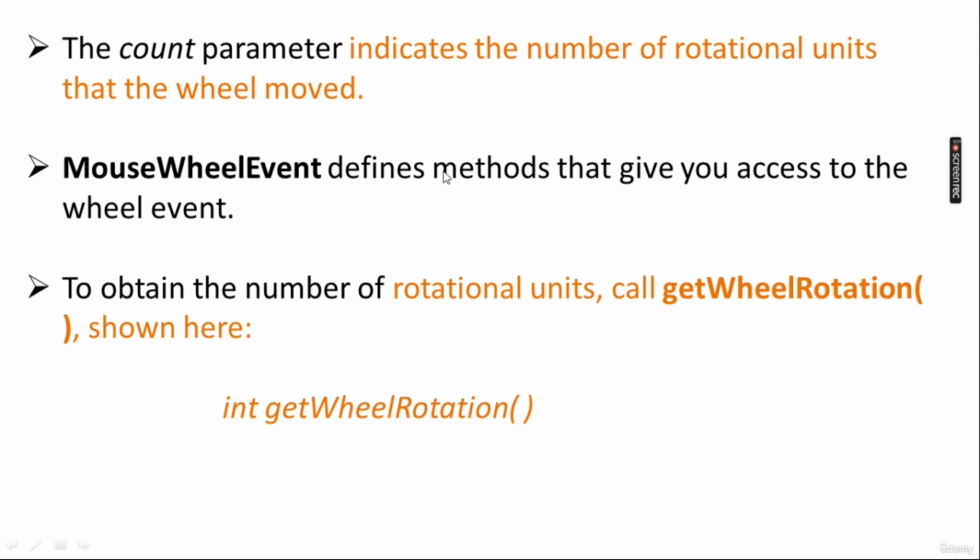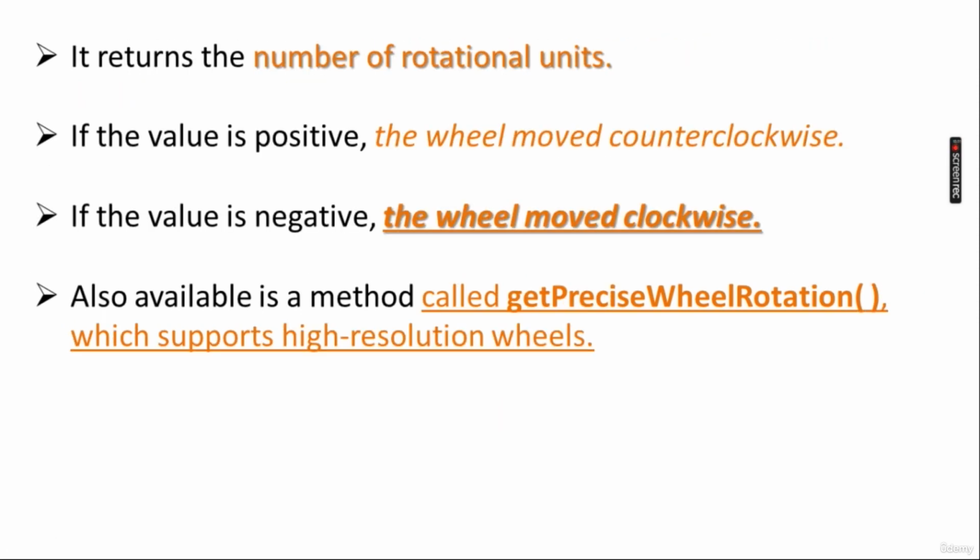MouseWheelEvent defines methods that will give you access to the particular wheel event. To obtain the rotational units, call getWheelRotation. It returns the number of rotational units. If the value is positive, the wheel moved counterclockwise. If the value is negative, the wheel was moved clockwise.